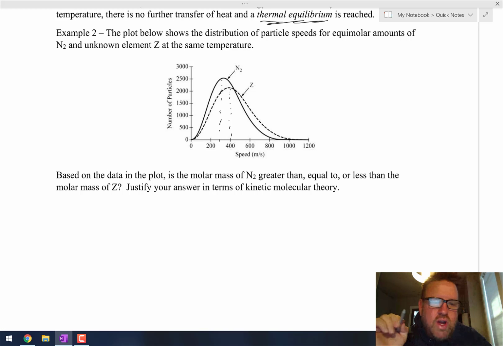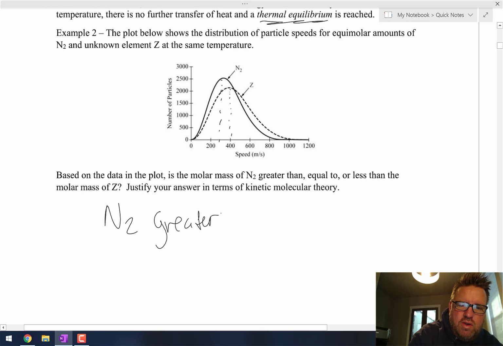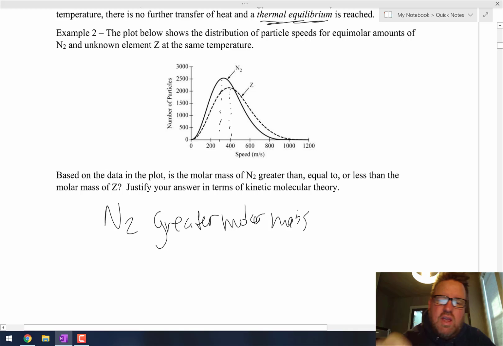So notice the question here: based on the data in the plot, is the molar mass of N2 greater than, less than, or equal to the molar mass of Z? Justify your answer. So N2 is going to have a greater molar mass, because the kinetic molecular theory tells us that the smaller the molar mass, the faster the particles move.